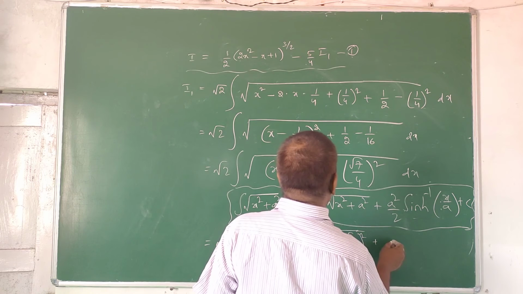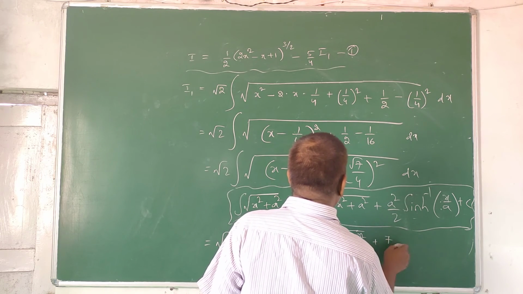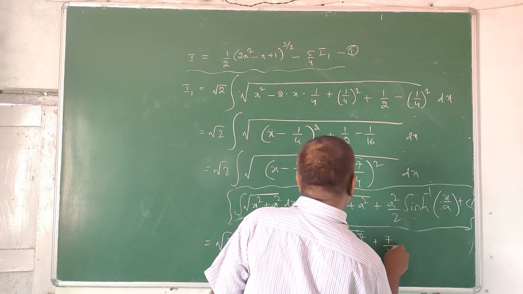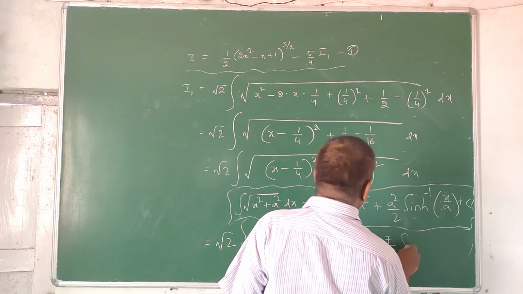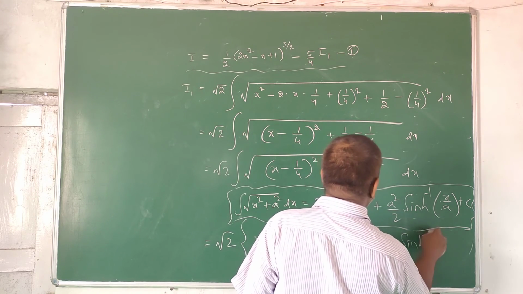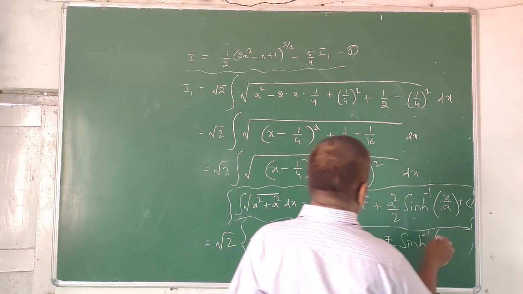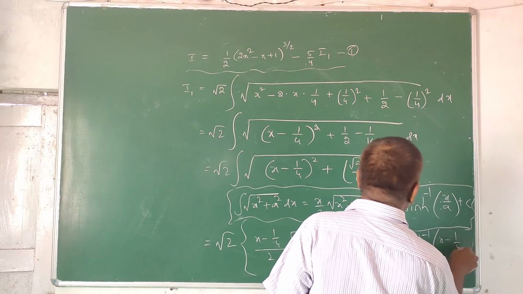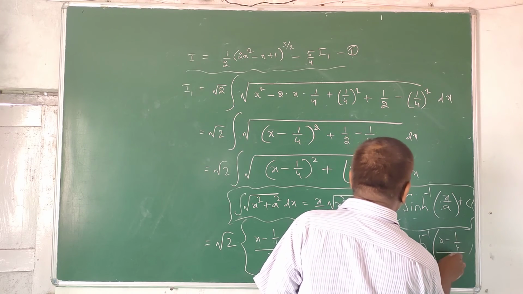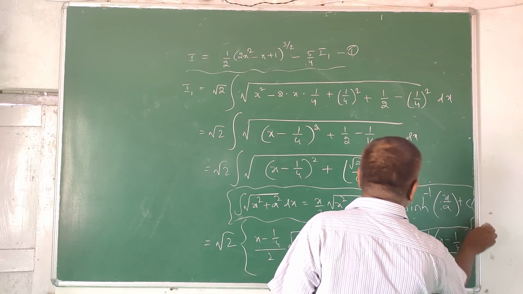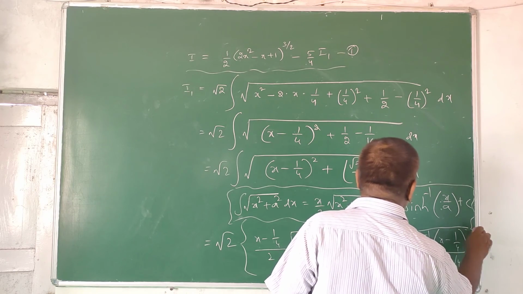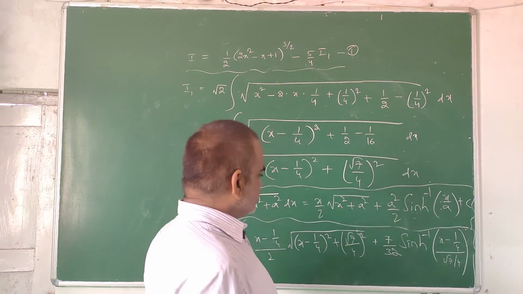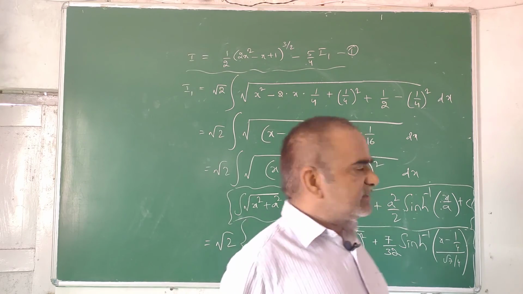Which is 7 by 16 by 2, which is 7 by 32, into sin h inverse x by a. So x is what? x minus 1 by 4, by a is what? Root 7 by 4, plus c. So close this bracket. Don't write plus c; outside you can write if you want. So this is what you got.